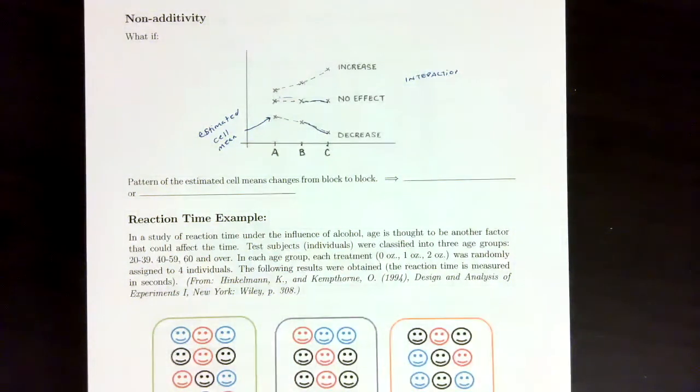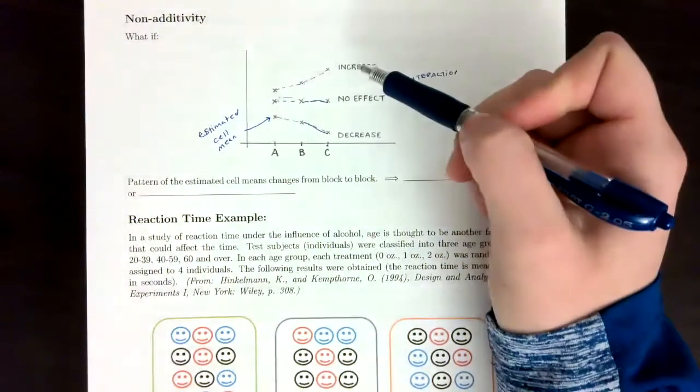But here in the non-additive design for the GRCBD, if we compared treatment B to C, B is better in the lower block. Again, C and B are about the same in the middle, and B is worse in the upper block.